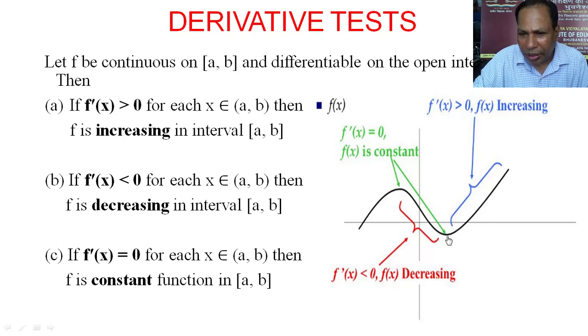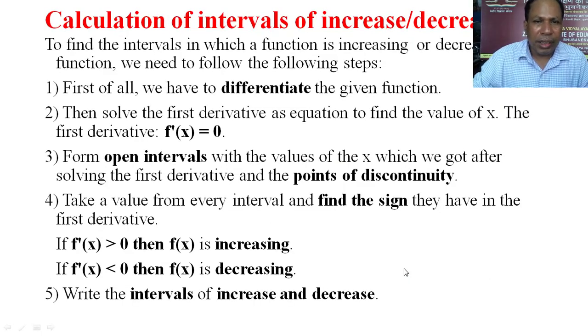At this point and also at this point, the slope of the tangent is parallel to the x-axis, so the function is constant there. And in this region the derivative is less than 0, f'(x) is less than 0, so f(x) is decreasing.